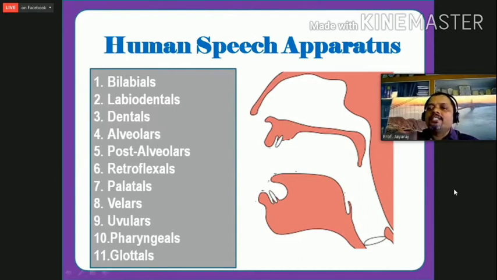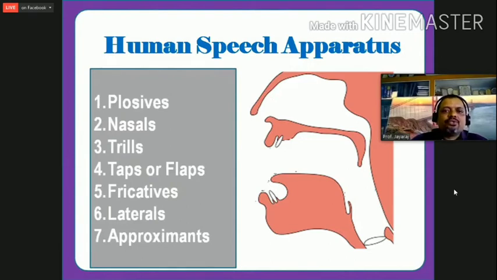Ha is down there from the glottis. But if you move slightly above, you will see the pharyngeal region. In the pharyngeal region, you will be able to produce ha, ha. And the glottal ha. So these are the 11 articulations humans use across human languages.